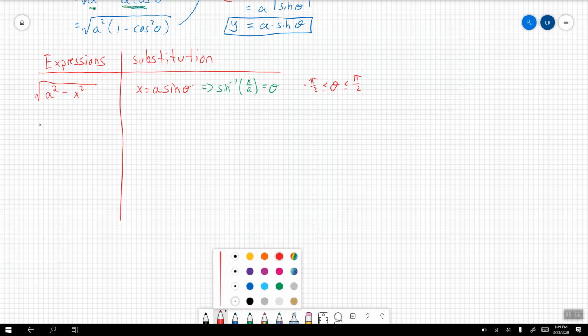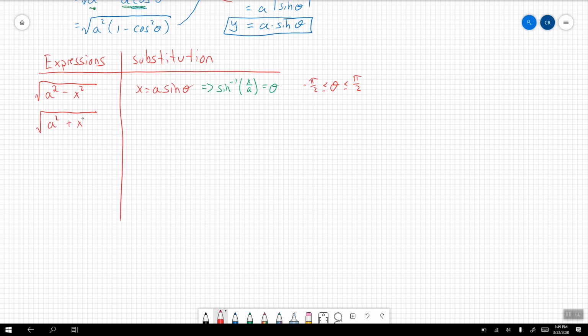Now, similarly, if we ever see in the integrand some form of square root of a squared plus x squared, the natural substitution that we want to make is x equals a times tangent of theta.